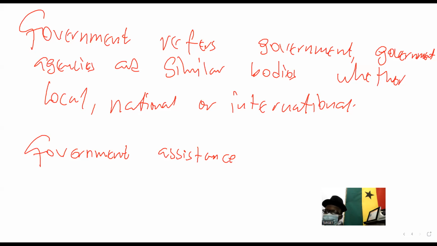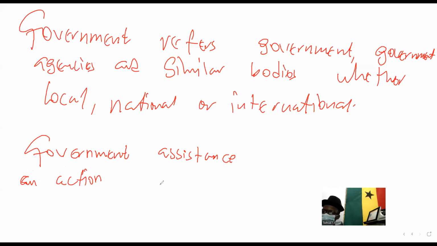So third examiner, there is an action by government. So assistance simply means an action by government. So assistance is not a noun, it's an action word. Assist me.